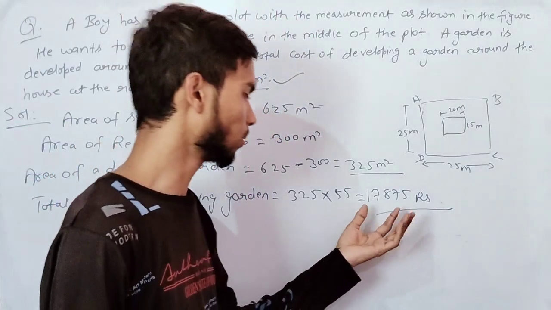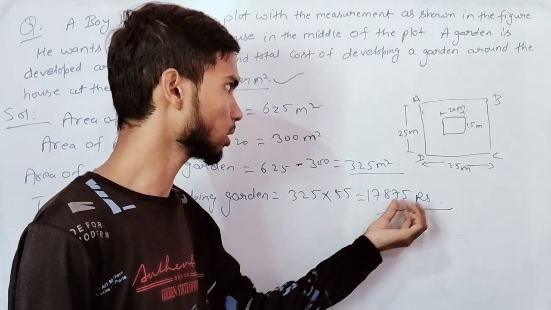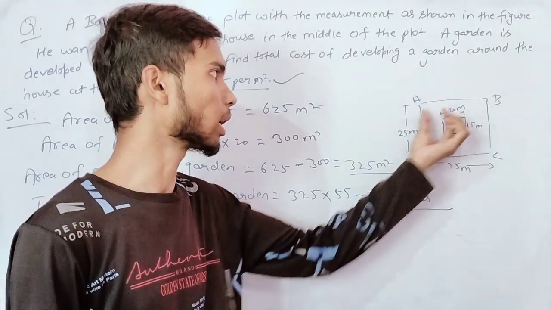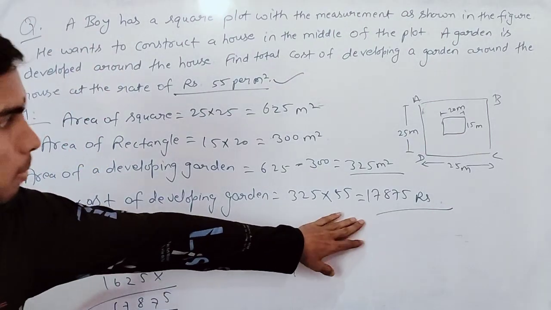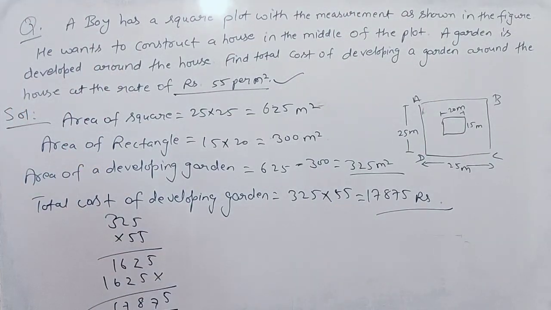We will spend this much money to develop the garden around the house. This much money. 325 multiplied by 55.